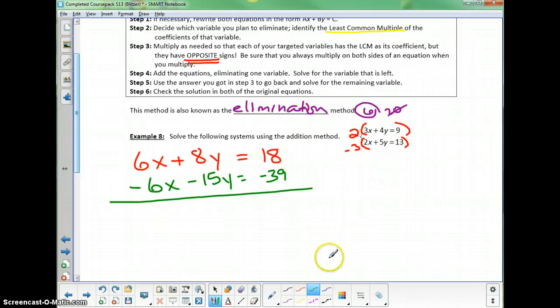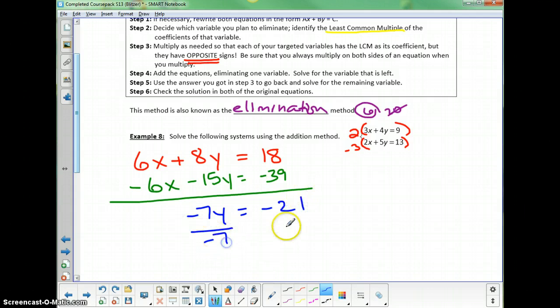Multiplying everything by negative 3. Now we're going to add these two equations. Negative 6x plus 6x is 0x. 8y minus 15y is negative 7y. And 18 minus 39 is negative 21.